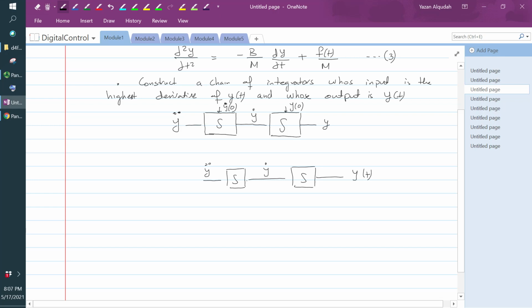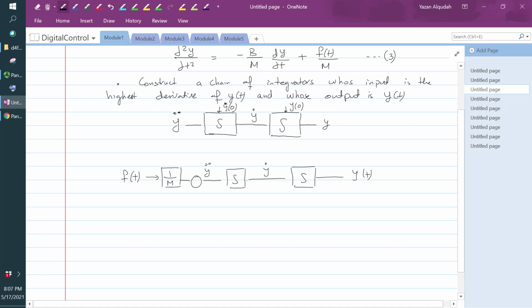The equation for y double dot includes the force divided by m, so I take f of t and multiply it by 1 over m.